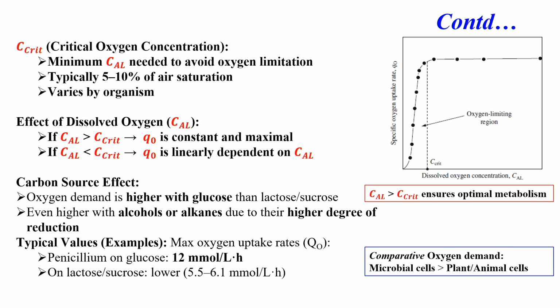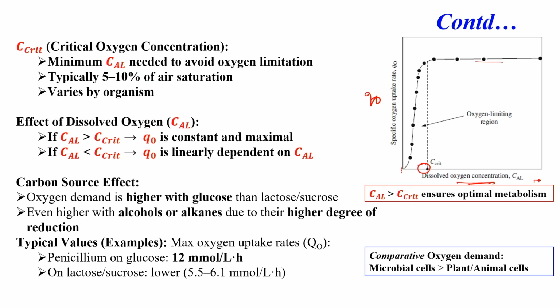So, here you just see specific oxygen uptake rate Q naught and how it varies with the concentration. With increase in the dissolved oxygen concentration, it increases and reaches a plateau. You just see a concentration point that is called C critical, at which Q naught is independent of dissolved oxygen concentration, or it reaches a saturation value.